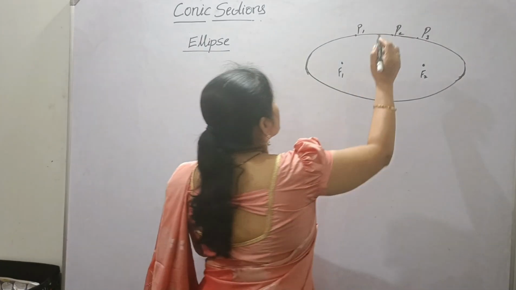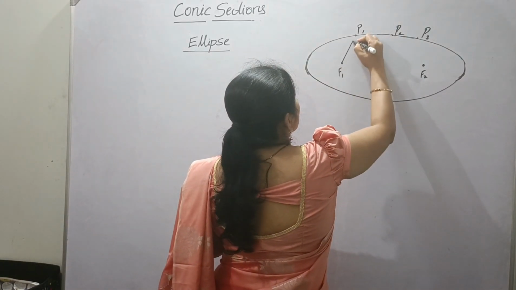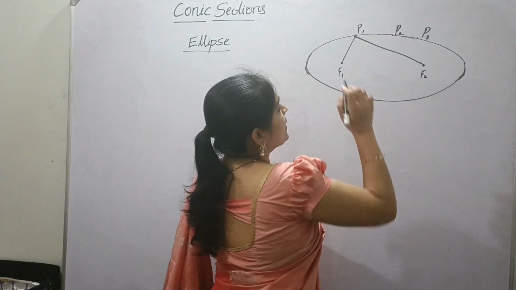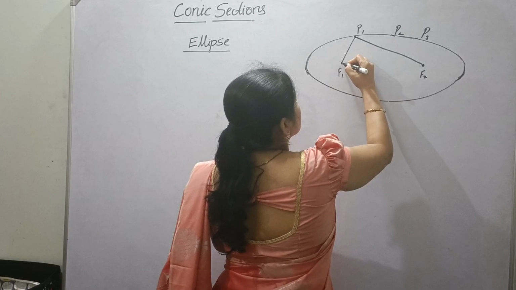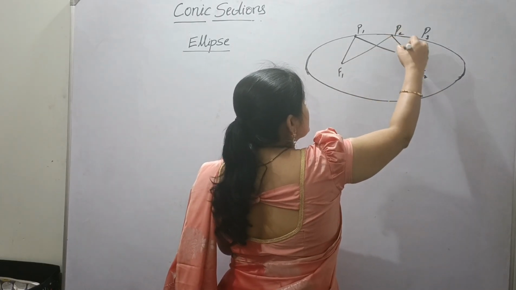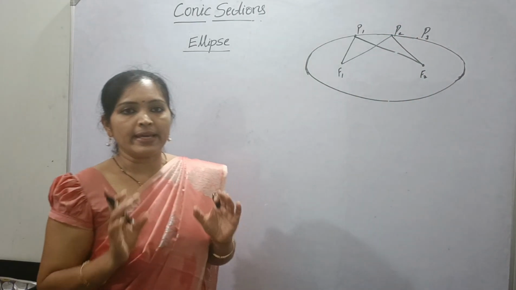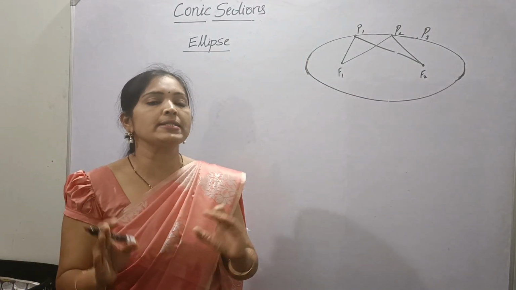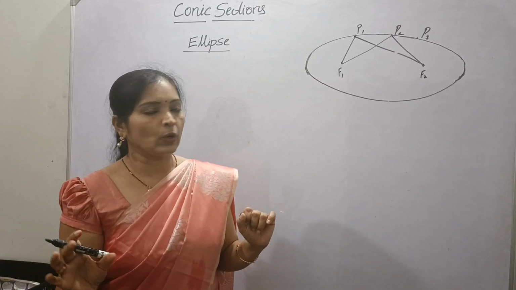That means the distance of this plus the distance of this is equal to the distance of this plus the distance of this. That is the sum of whose distances from the two fixed points in the plane is a constant.